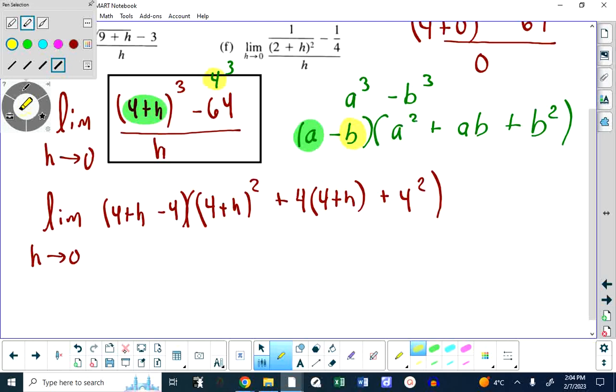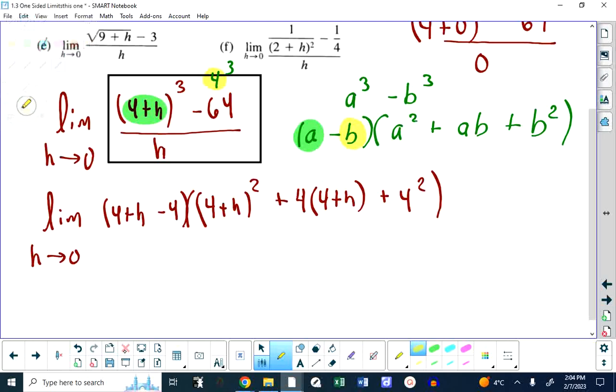So I get 4 plus h minus 4. And then I have a squared, which is 4 plus h quantity squared. Then I have the ab, which is the product of my 4 plus h and 4. And then I have my b squared, which is the 4 squared. This is over h.